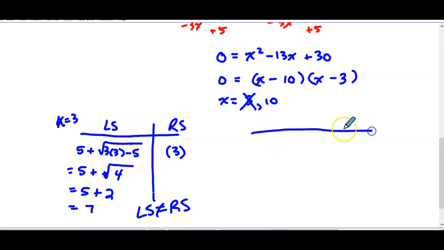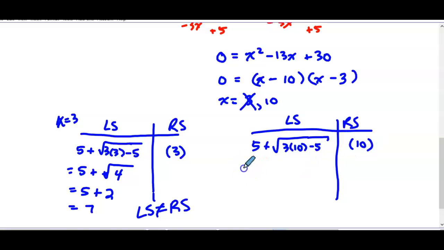Let's try the other possible solution. So 5 plus root of 3 times 10 minus 5. The right side is 10. So 5 plus, that's going to be root of 25, square rooted is 5.